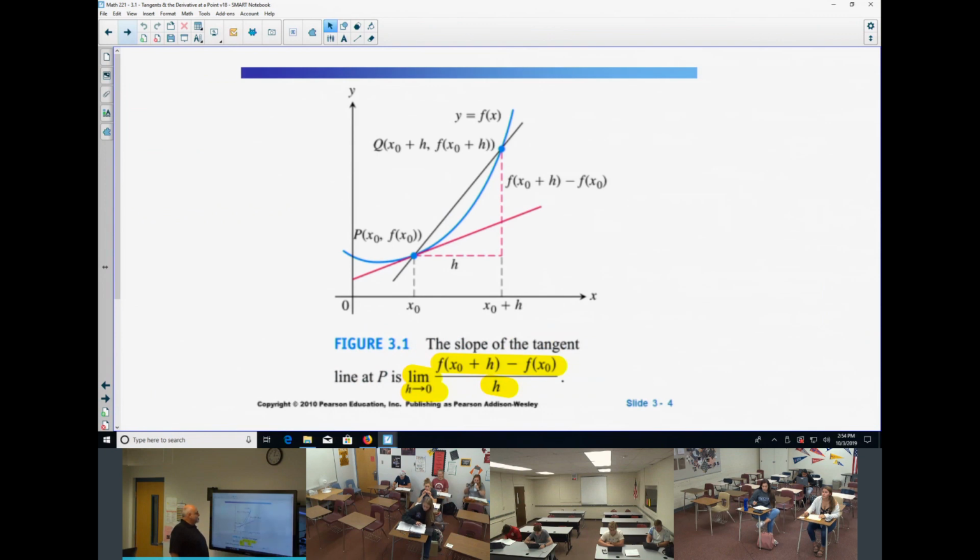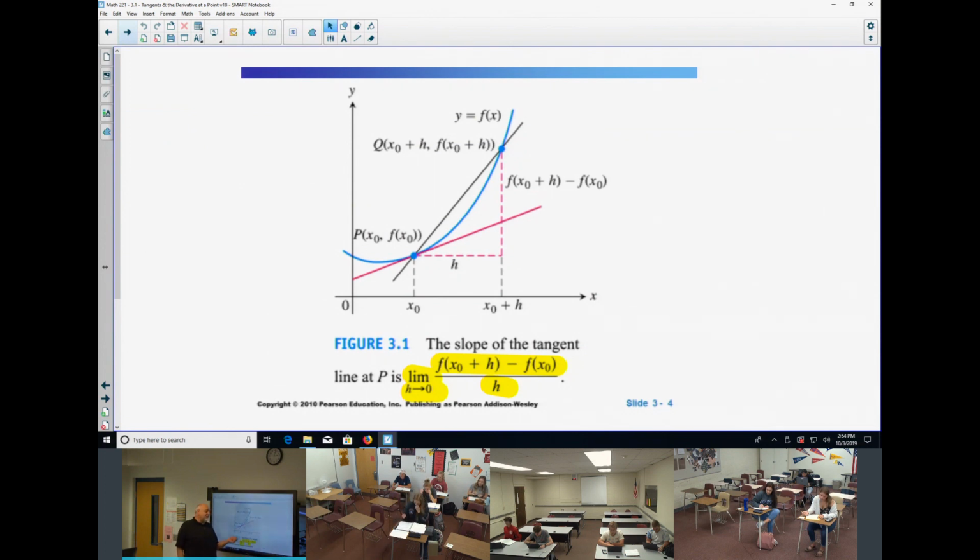All right. So remember that we defined the slope of the tangent by this limit. We said the limit as h approaches 0 of f of x plus h minus f of x all over h. The subscript 0 you don't have to put in there.